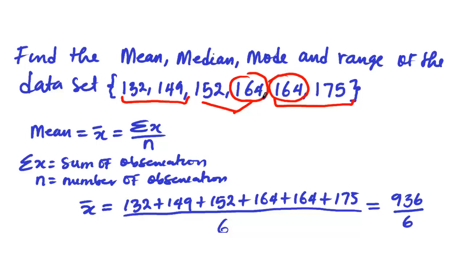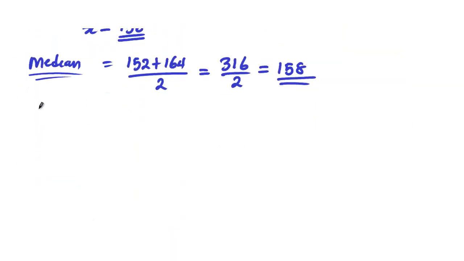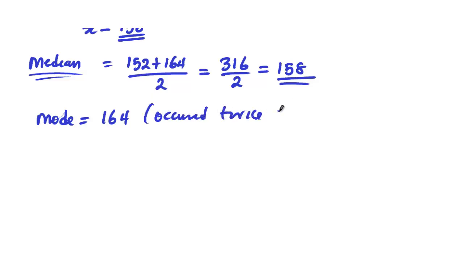So 164 appears the most. So in that case, the mode of the data in this case is 164. It occurred twice and most often in the data set.